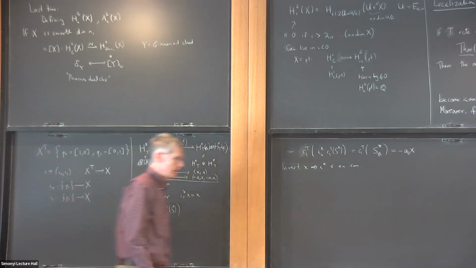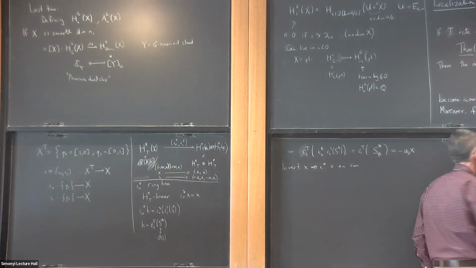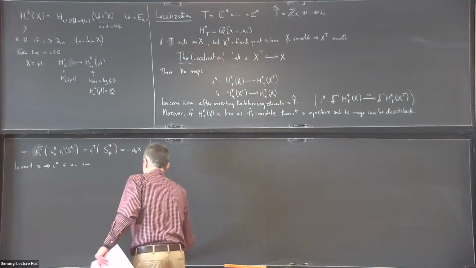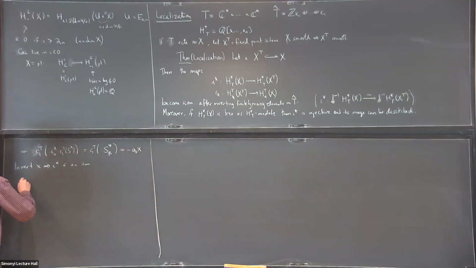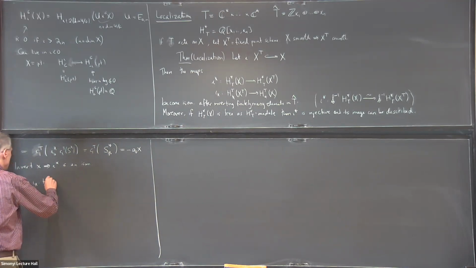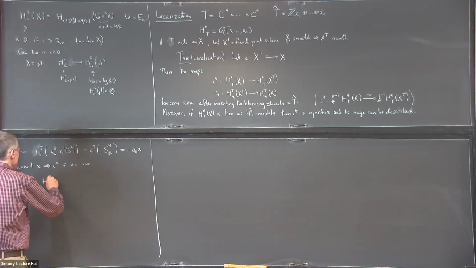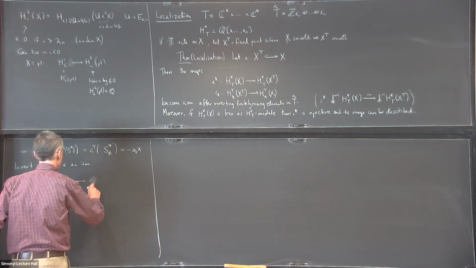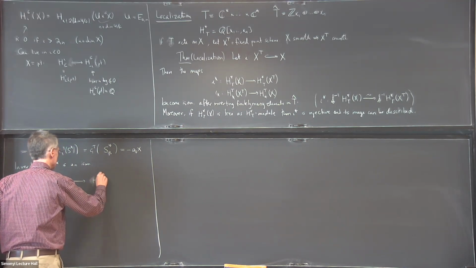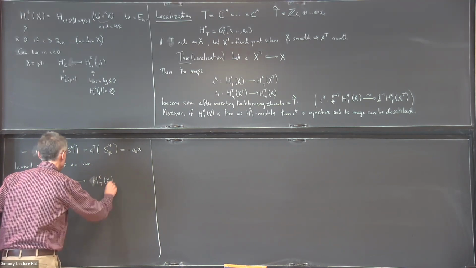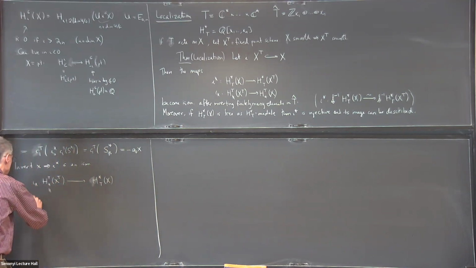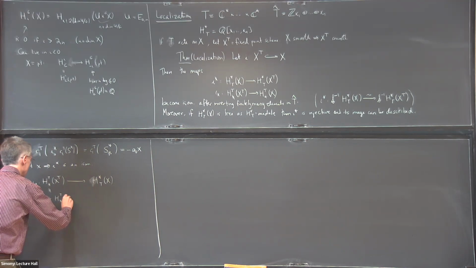Okay, now let's look at I lower star. So we have I lower star from H star T of X T to H star T of X. Now this is the direct sum of H star T of P naught plus H star T of P1.